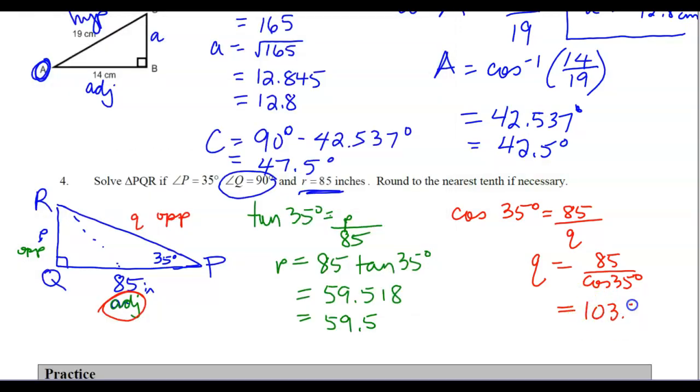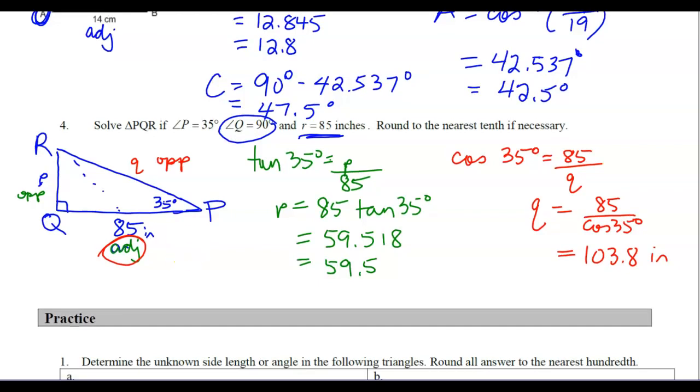And that is inches. Now, the only other thing we need is the angle R. No trig needed because we have two of the angles. So angle R is going to be 90 minus 35, which is 55.